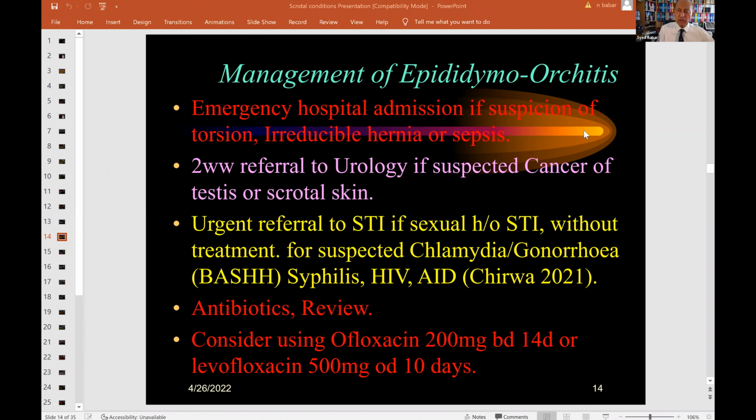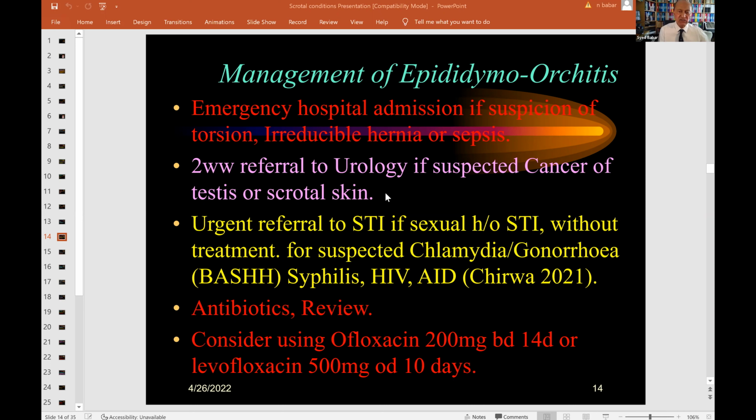So how would we provide management? If there is suspicion of torsion or irreducible hernia or sepsis, there must be an immediate admission. If there is suspicion of cancer, then a two-week wait referral to urology.